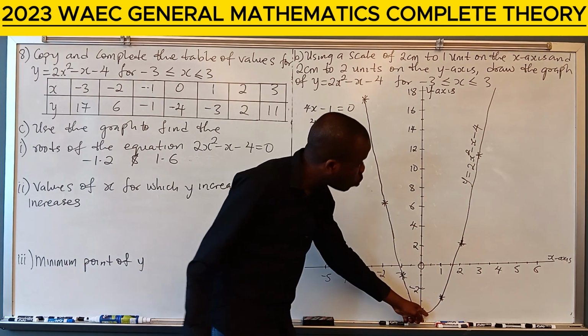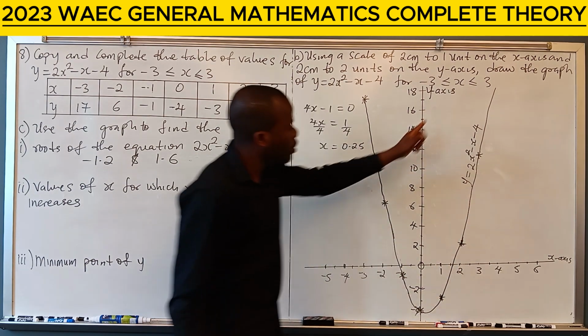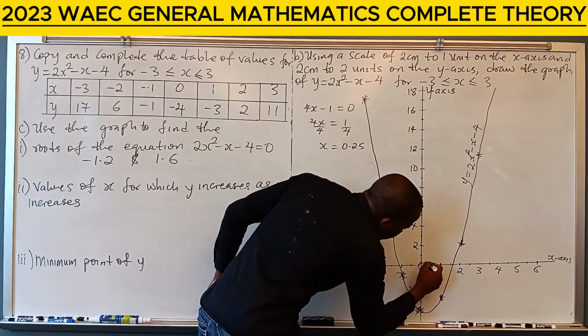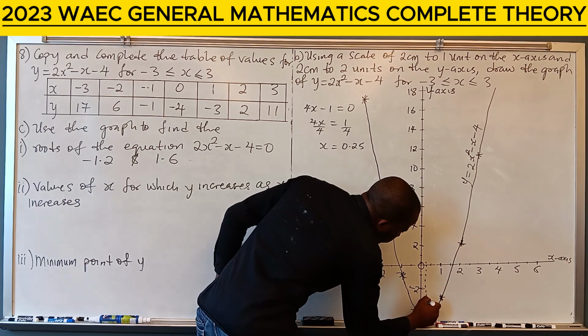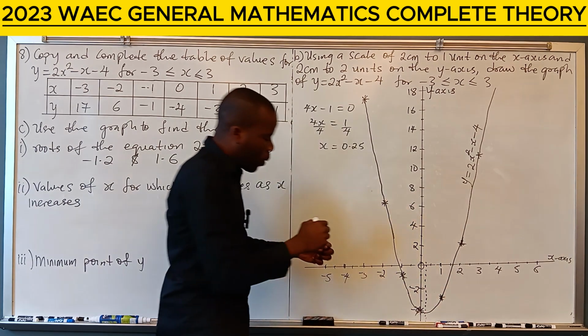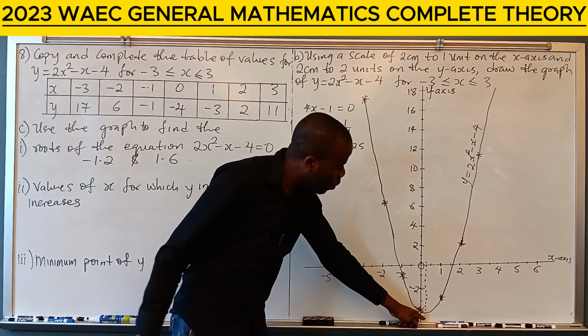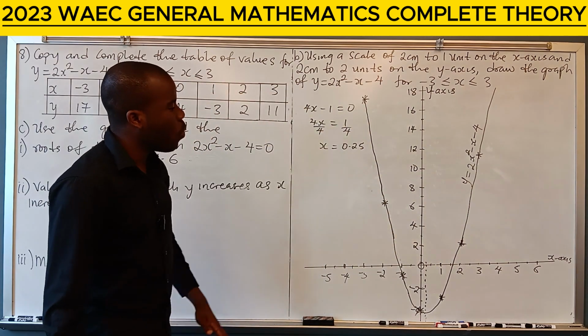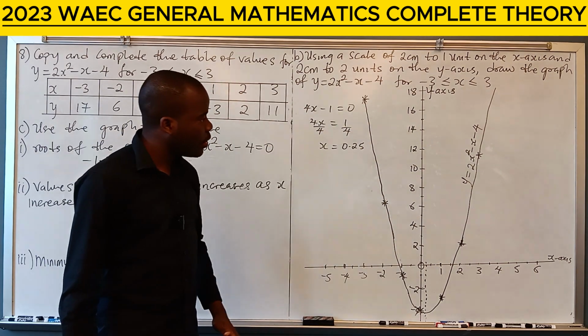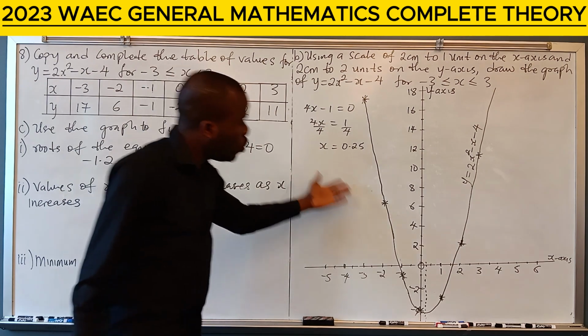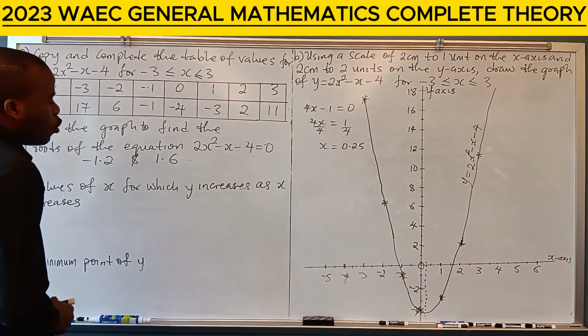This is the point where the graph starts to increase. That means it is about 0.25. That is the point where x increases and y increases. Another way you can do it is to add the two roots of the equation.